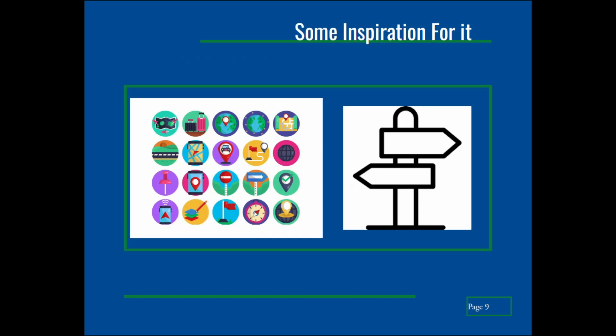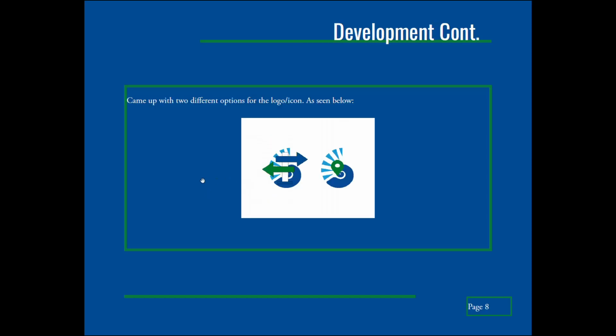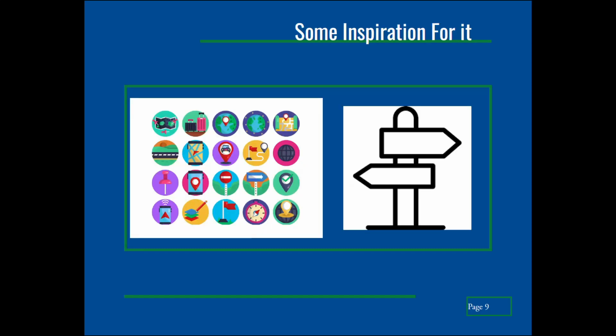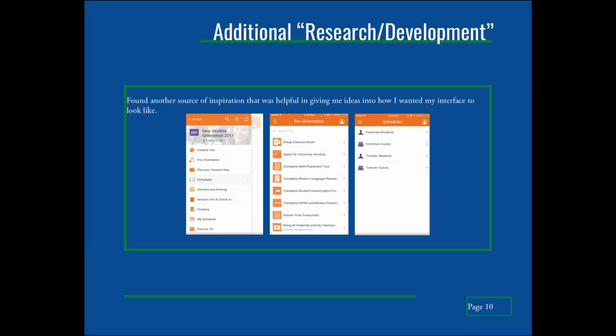And these are some images that I looked at for reference on my iterations for the logo / icon. Later, I also looked at some images that were related to what I was doing, or something similar.